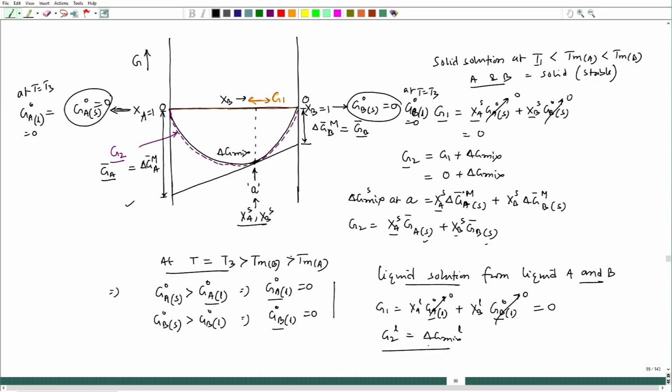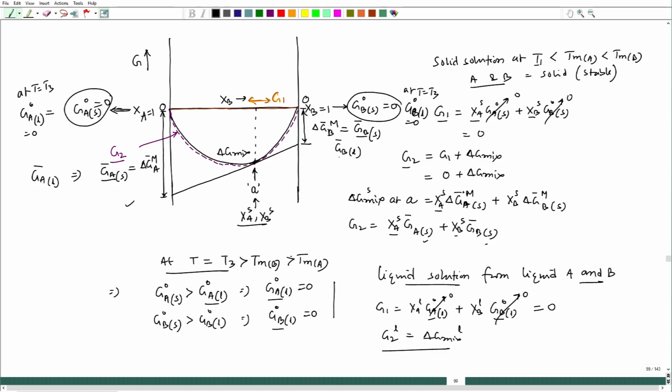Okay. So, similarly, just as we got G A bar for solid solution and G B bar for solid solution in the previous case, here also, instead of solid, the similar graph will give me G A bar liquid as well as G B bar liquid.